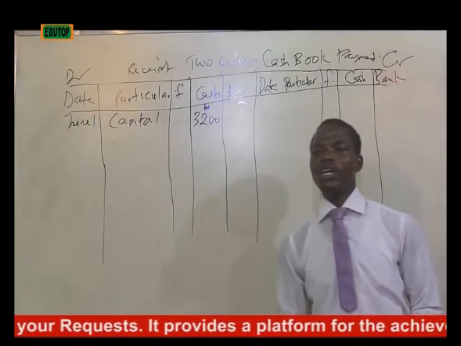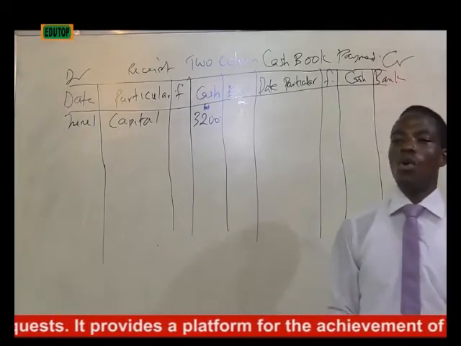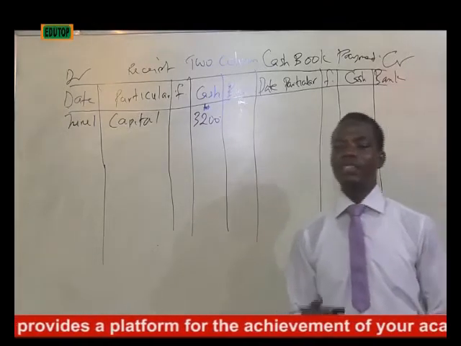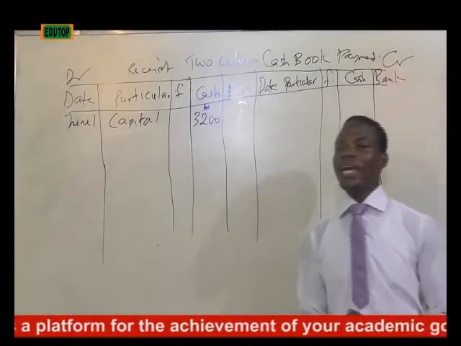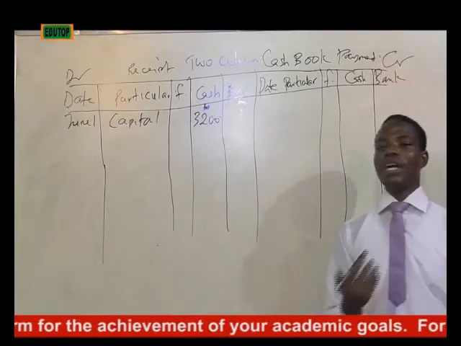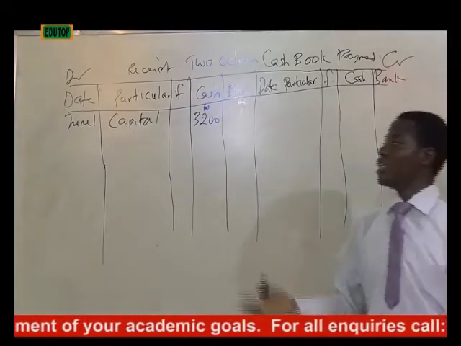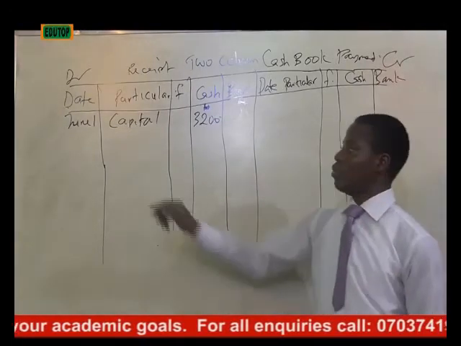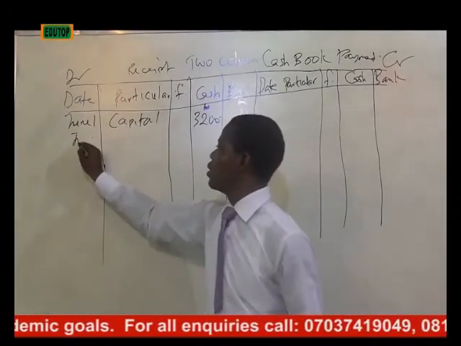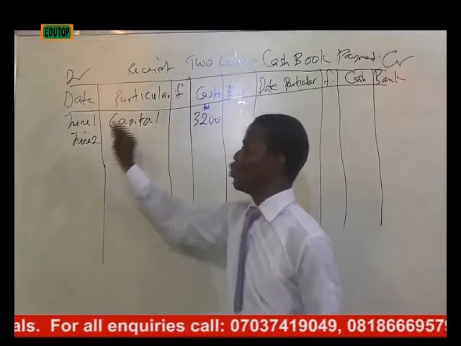Now the second one says June 2. The following paid us by cheque: Okon 500, Abe 600. That means when somebody pays you by cheque in your cash book, you received the money, so it must be on the receipt side, which is June 2.